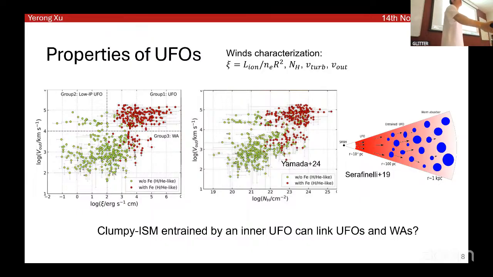Yeah, it's very difficult because UFO, we know it has a very strong variability, but warm absorbers are usually very stable because they are at the larger scales, and it's very difficult to expect a response very quickly. Also because of their lower density, they cannot respond unless there are very large continuous variations.